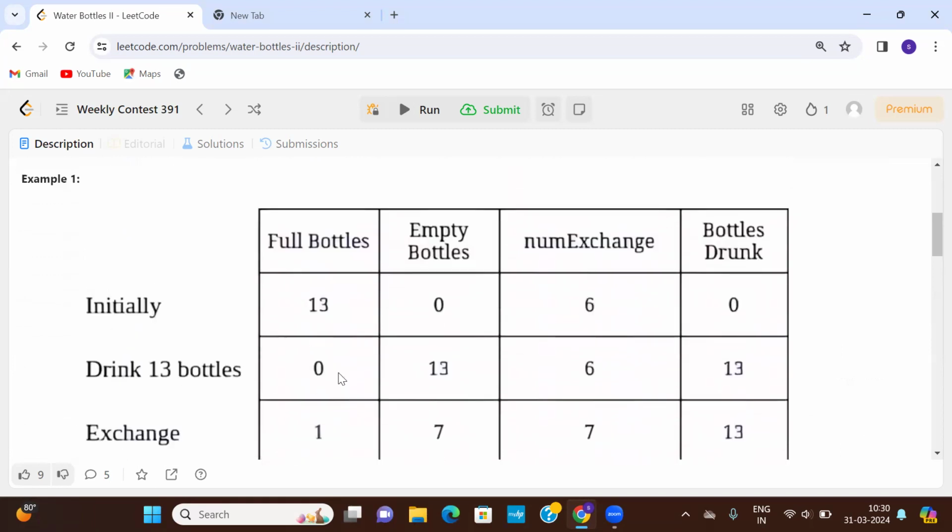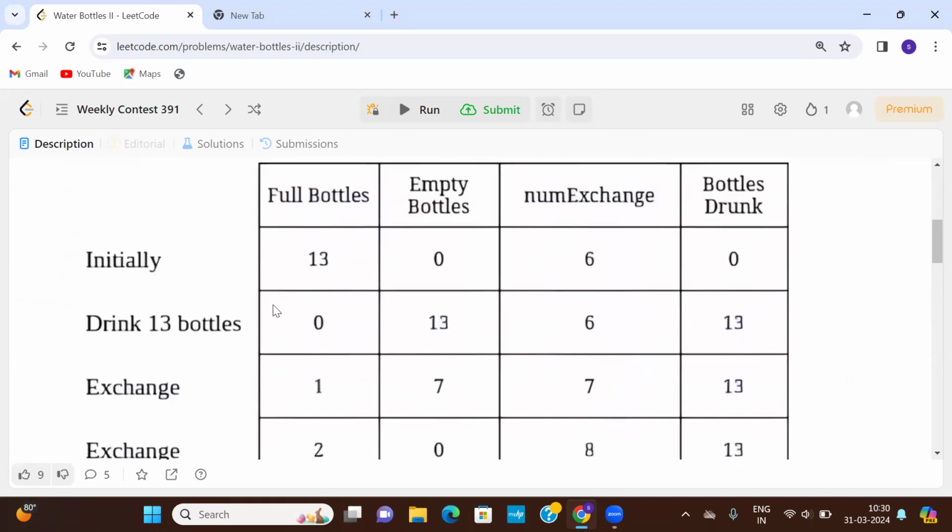See, with the help of this table, it is very much clear. We have 13 full water bottles, empty bottles are 0, and the value of numExchange is 6. So what we have done, we have drunk all the 13 water bottles. These full bottles become empty bottles after we have drunk them, and bottles drunk becomes equal to 13 and numExchange is still 6.